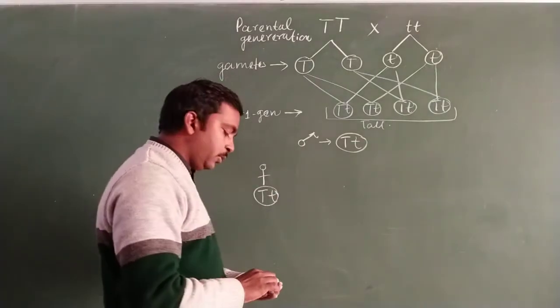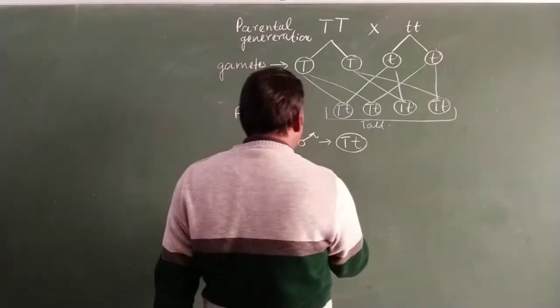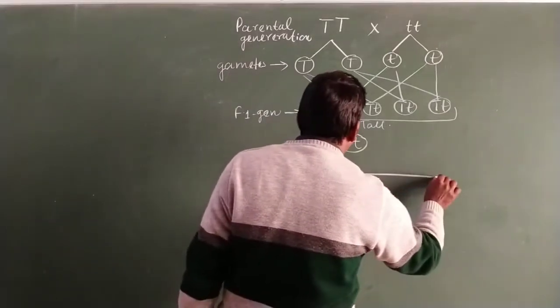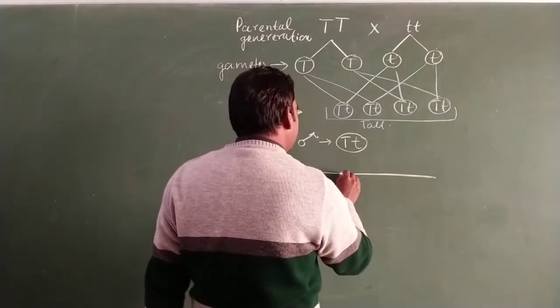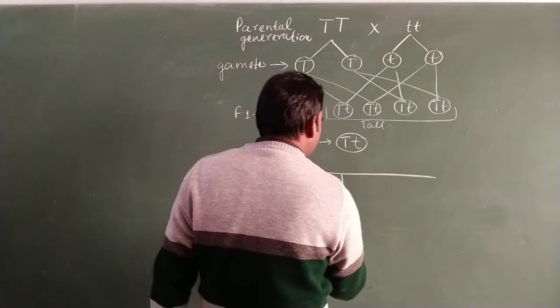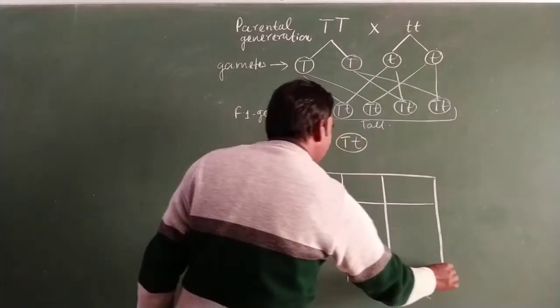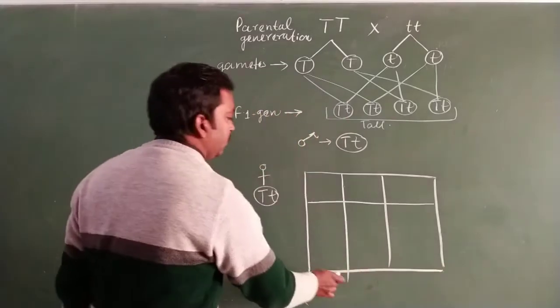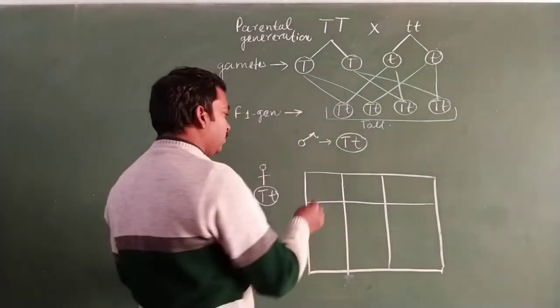So using the chessboard method, we can find the F2 generation. In the F2 generation, we will find the ratio of these genes in various forms.